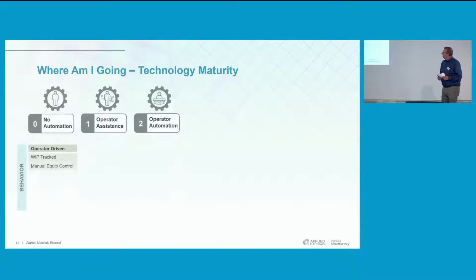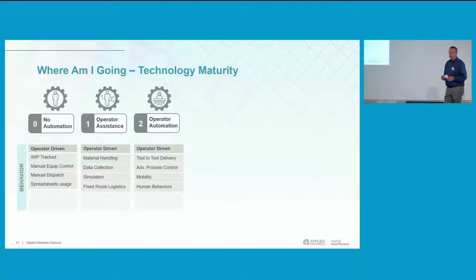So as I mentioned, I wanted to take a look at this model that was created that so applies to the fabs that we work in. And it began, in the early days, right, where there was no automation. We would carry WIP to a tool, we would start the equipment, we would take our notes, we would then go run around the factory and find the next task that we individually had to do.